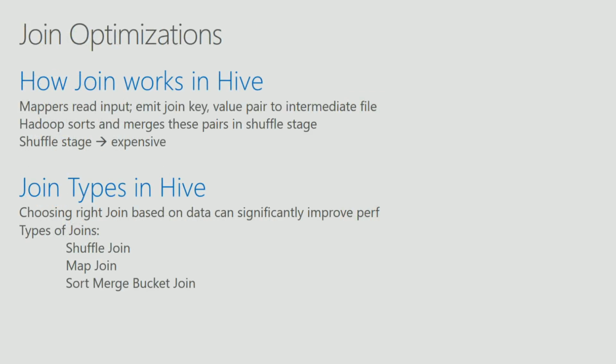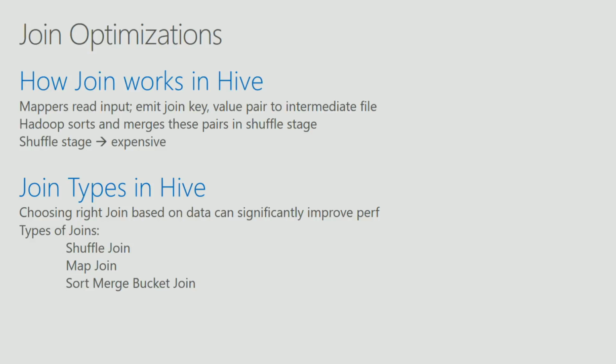So we're going to look at join, and if you're doing ETL, this is one of the key optimizations you can do to improve performance. So joins are the most expensive in any query. The way joins work in Hadoop and Hive is mappers read the input, then there's a shuffle stage where these input keys, these key value pairs, are merged, and that's the most expensive stage.